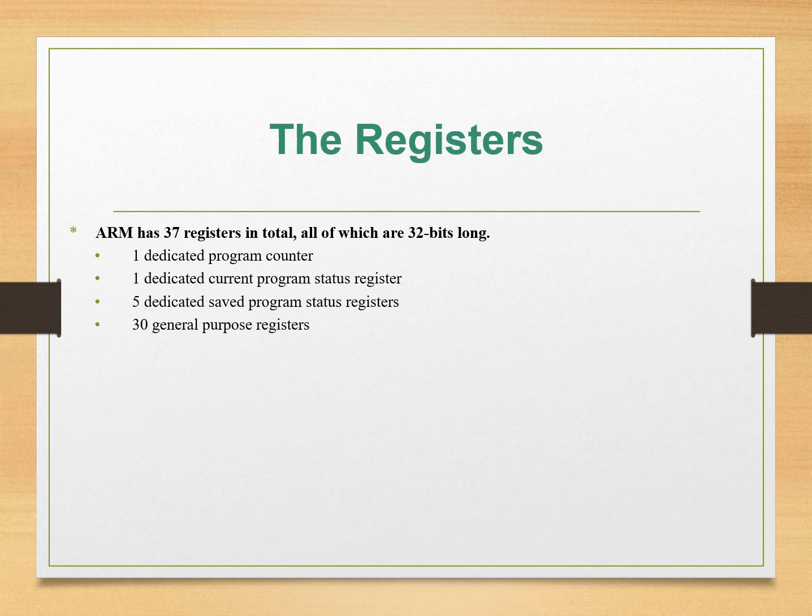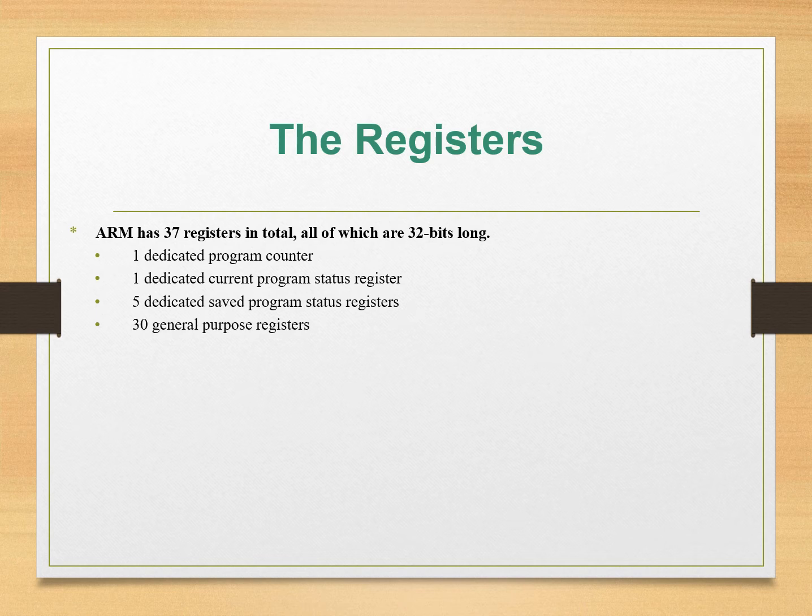Okay, one is dedicated for the program counter. One is dedicated to the current program status register. 5 are dedicated to the saved program status register for each mode of operation. And we have 30 general purpose registers.